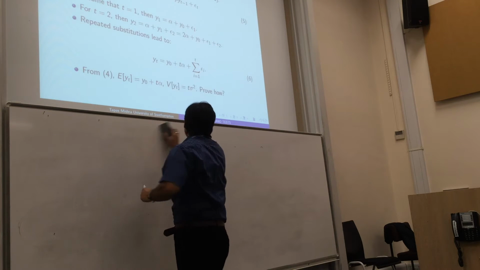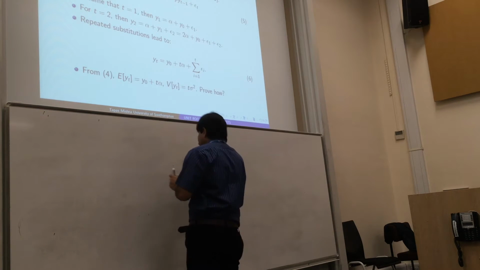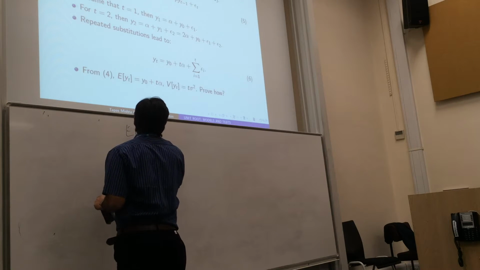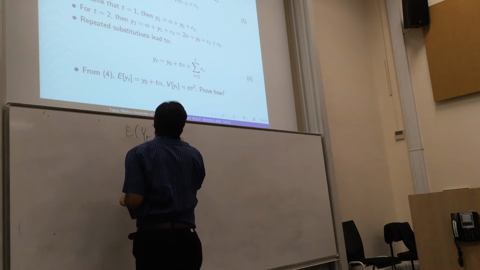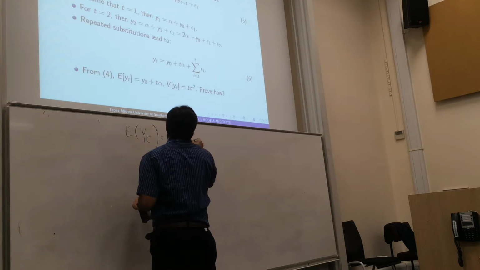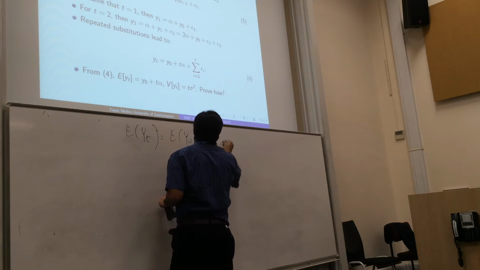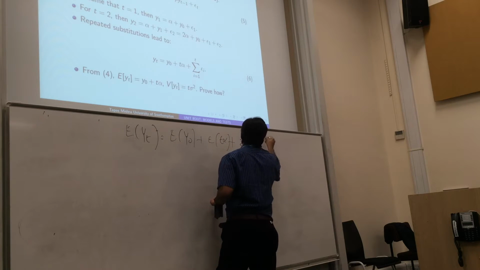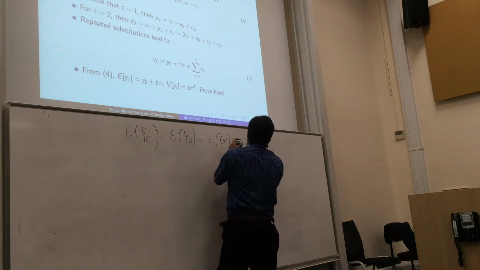So then once again, let's try to derive in a similar way. Expectation of yt will be equal to expectation of y0 plus expectation of t alpha plus expectation of the sum of the error.